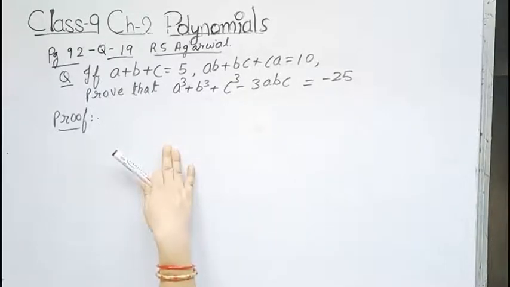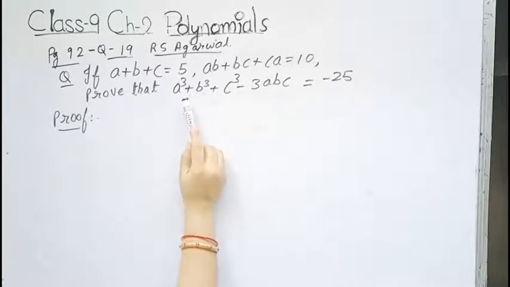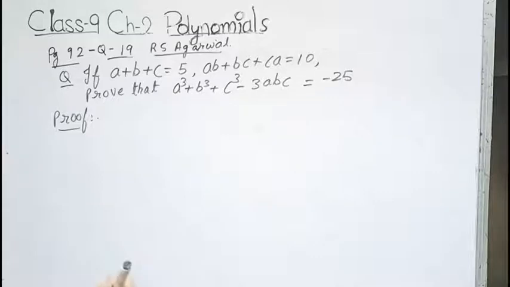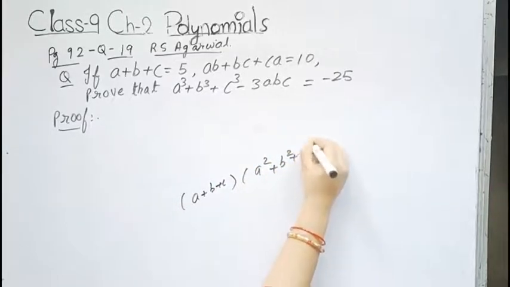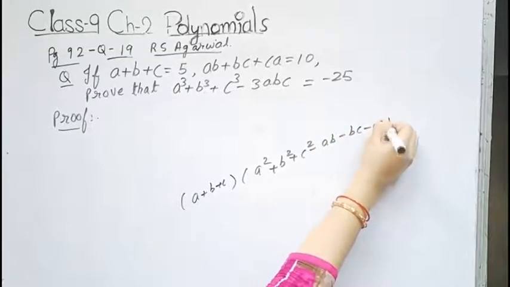Now, before solving any question, the analysis or the planning of the question should be there in your mind. Now, we know this identity: a cube plus b cube plus c cube minus 3abc equals a plus b plus c into a square plus b square plus c square minus ab minus bc minus ca.